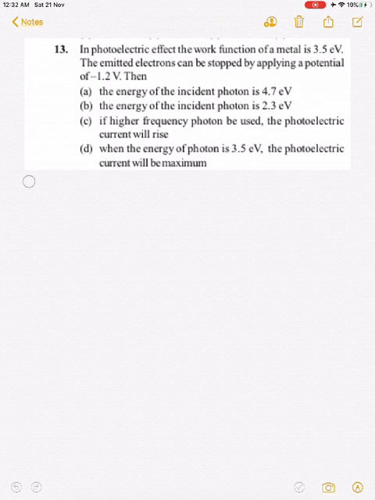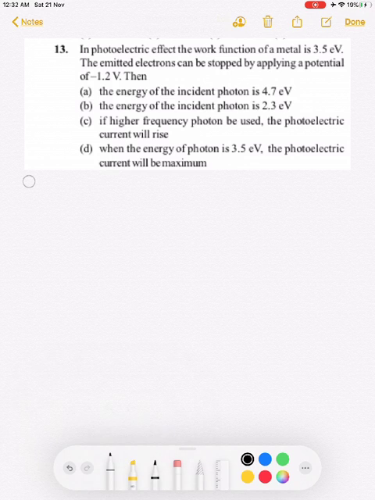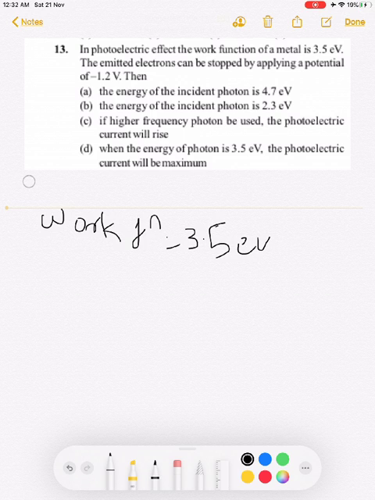Okay, let's see the solution. First, we are given that the work function psi of a metal is 3.5 electron volt. Work function is equal to 3.5 electron volt, and this is our first entity.